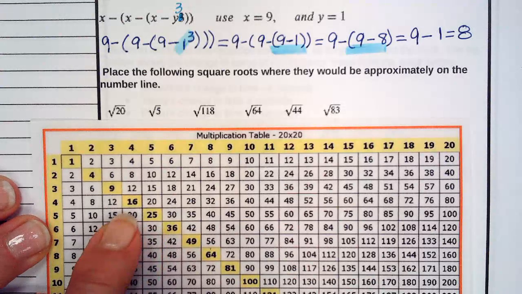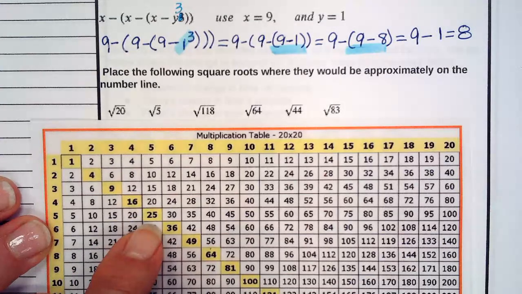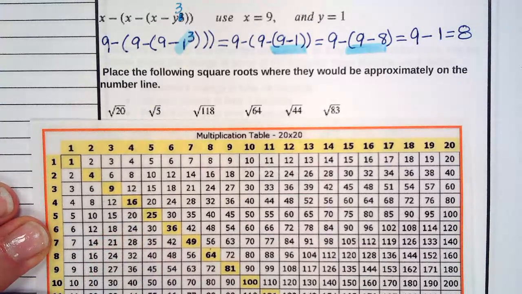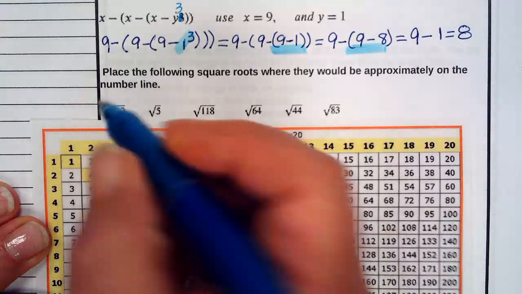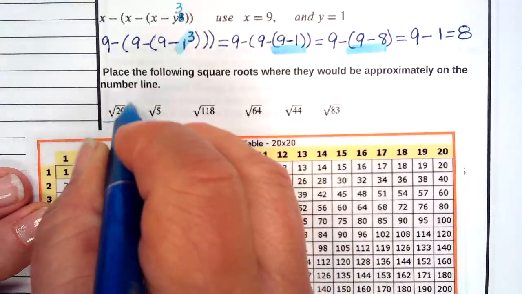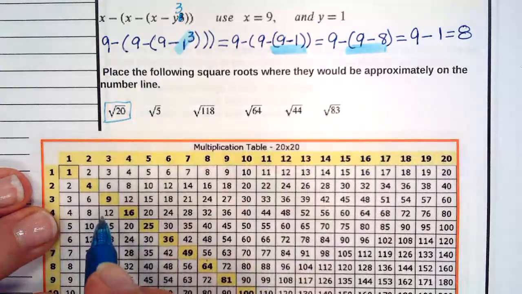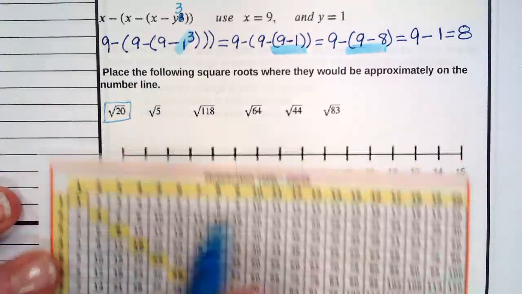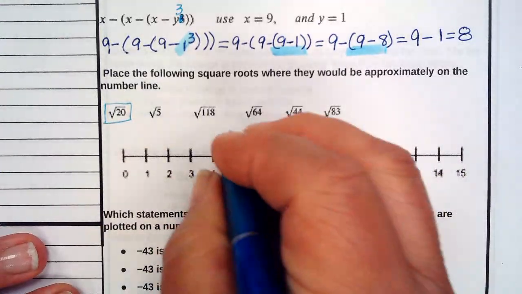Okay, is 16 closer to 20, or is 25 closer to 20? Well, 16 is closer, it's 4 away. 25 is 5 away. So the square root of 20 between 4 and 5 will be closer to 4 than to 5.